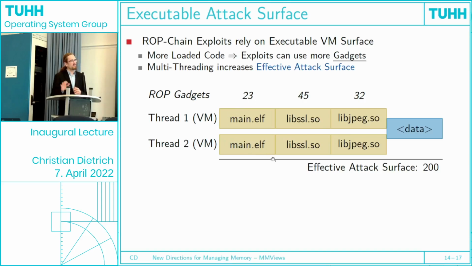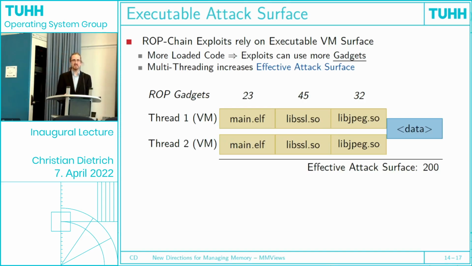So we could say there is an effective attack surface of now 200, because there are two threads with a certain probability of being attacked from the outside, and then the attacker can use those 100 gadgets on either the one thread or the other thread.